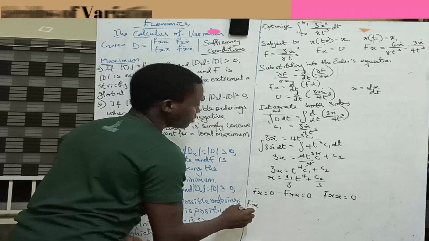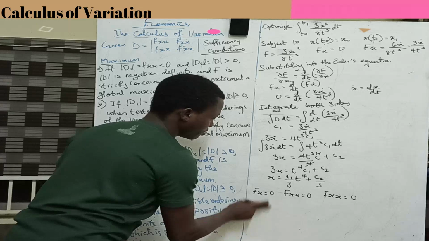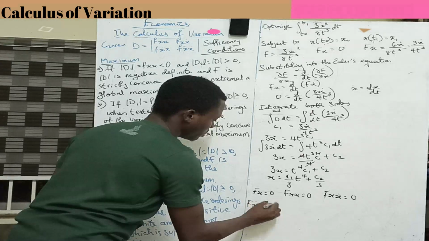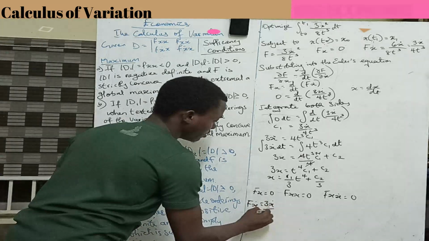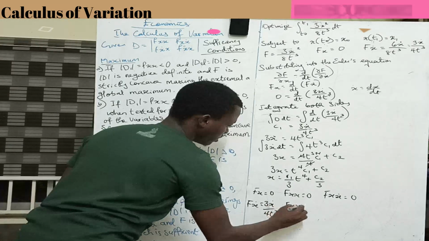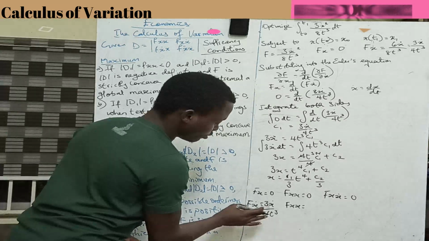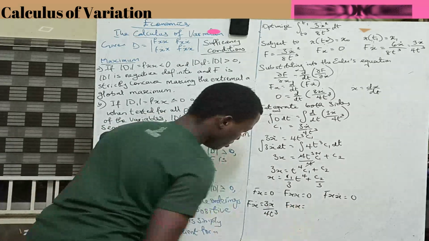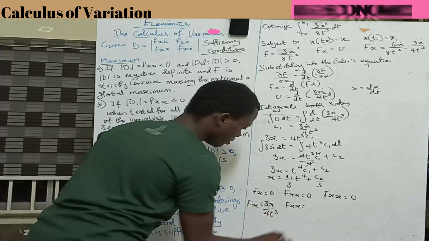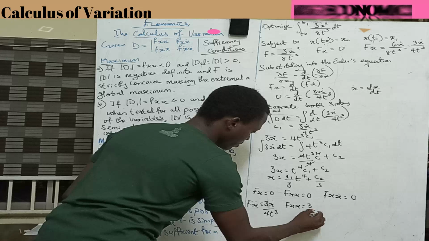Okay, let me just use 3. 3 x dot over 4t3. So fx dot x dot will be equal to 3. Yeah, so this guy disappears. So we have 3 over 4 c3.